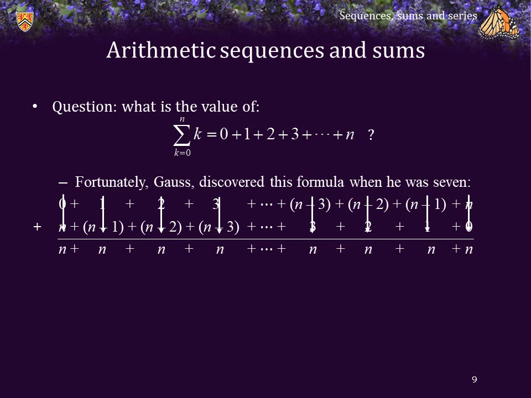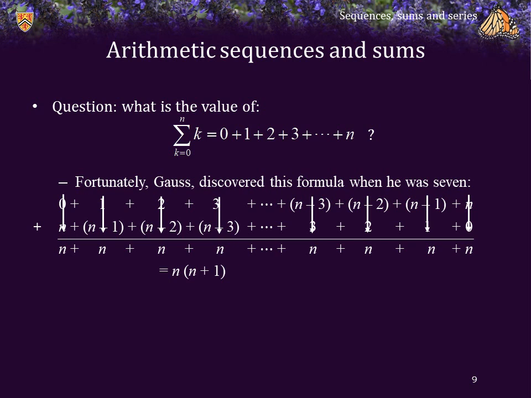All right, so if we take the sum, and then we add to that sum that same sum, just in a different order, then we notice that this is just the sum of n, n plus 1 times.